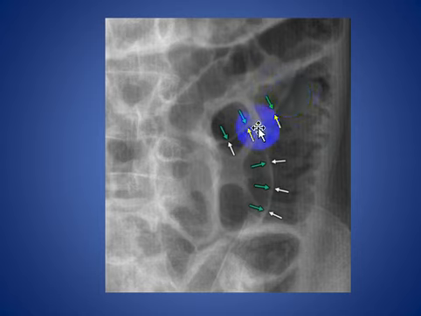Here is another example of the regular sign, and we see the bowel wall here. Sometimes the differential diagnosis is overlapping bowel loops, and we confirm with an upright or standing film.